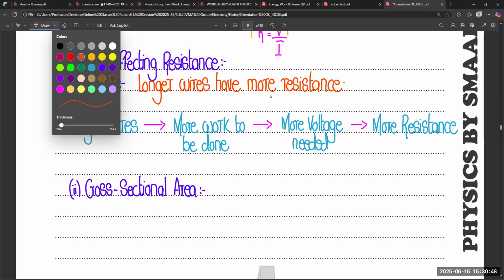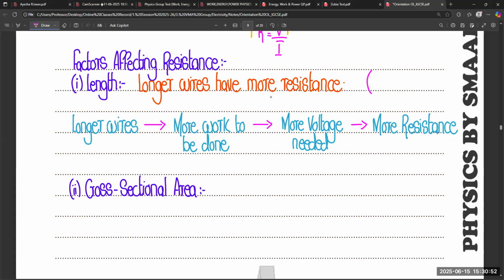So the first factor is about length. Resistance is directly proportional to length. And the second factor is about cross-sectional area. Cross-sectional area is inversely proportional, like thick wires have less resistance.